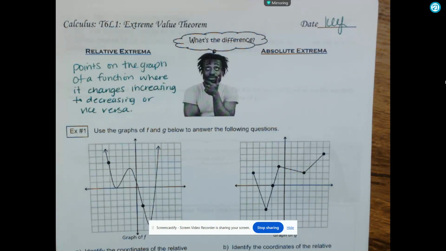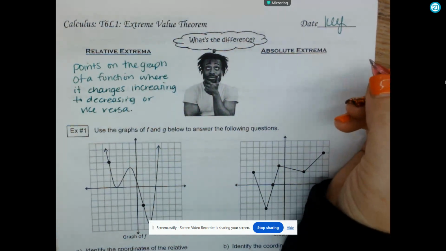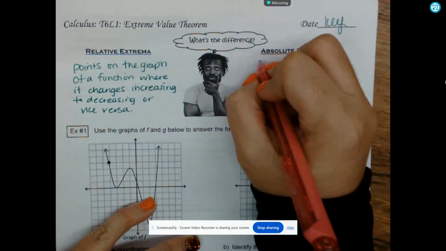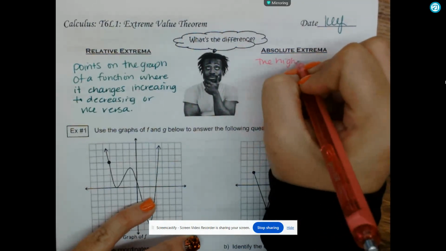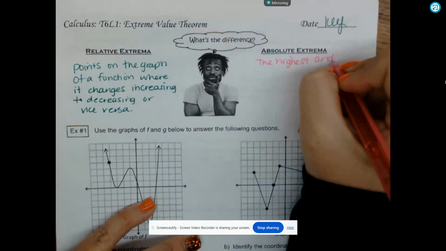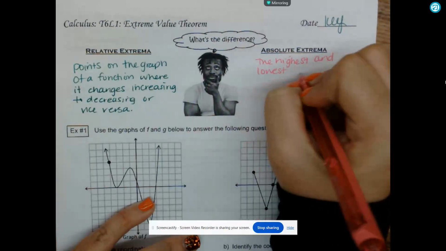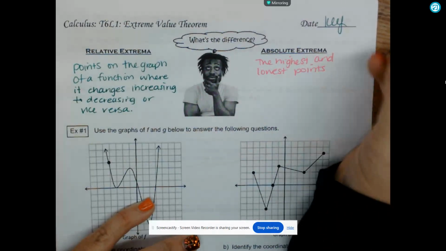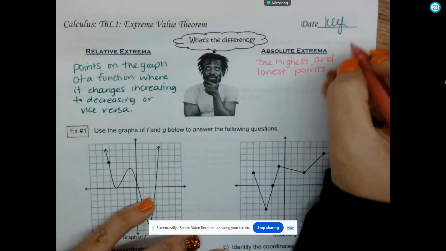Now, absolute extrema is going to be a little different today than what you've been taught your whole mathematical career. Not much different, but there is one added point to it today. Your absolute extrema are the highest and lowest points on the graph of a function.